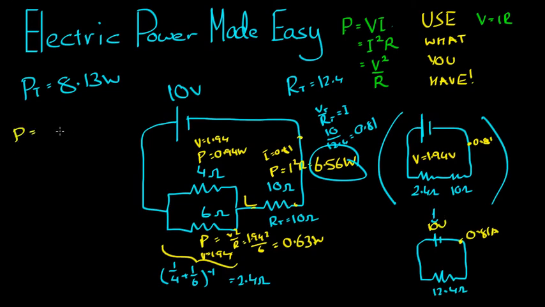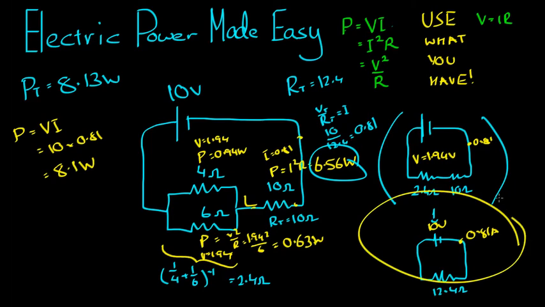So P again is equal to VI. That's 10 times 0.81, 8.1 watts. So the power I calculated from the macroscopic view, the bird's eye view of my circuit, once I've modeled it down to a very simple circuit, is the same as when I added up all the power of all the individual components. The first law of thermodynamics: the energy of the universe is always conserved.